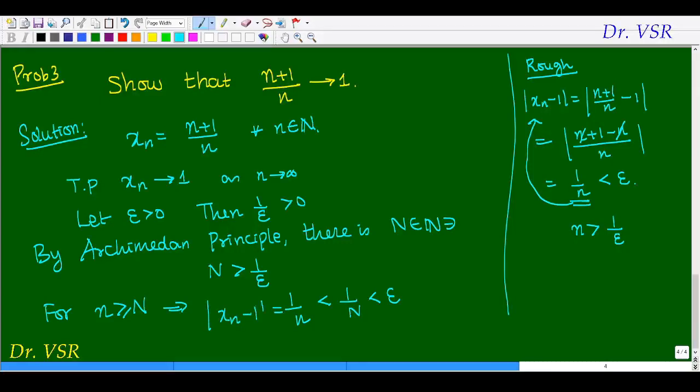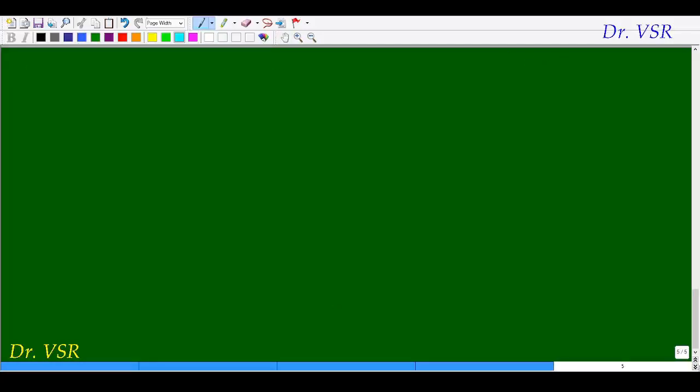So what have you proved? That is, for any n greater than or equal to N, modulus of x_n minus 1 is less than epsilon. So this implies that x_n converges to 1. So this is the next problem. Okay, so what else? Next, problem 4.